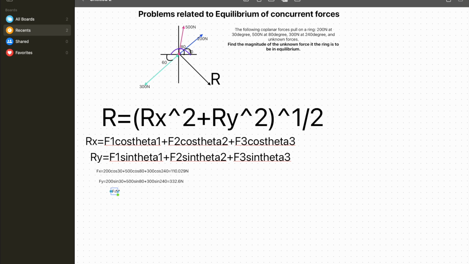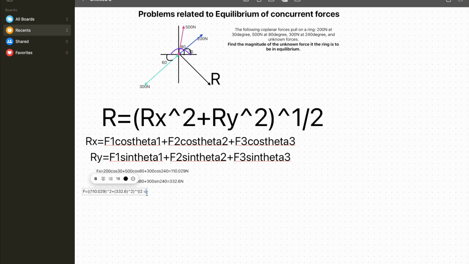So the F here should be (110.029 whole squared plus 332.6 whole squared) and the whole bracket to the power half.